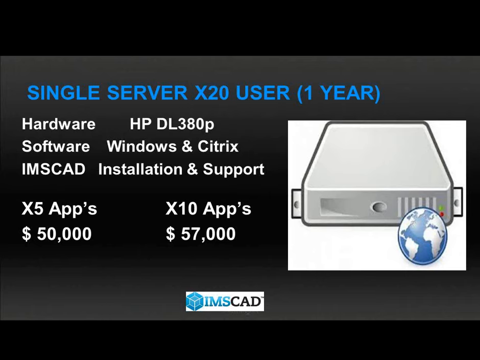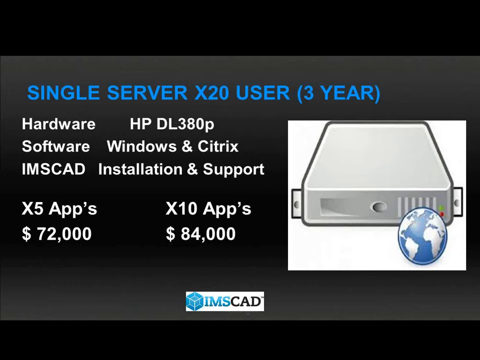Now those figures on the screen actually include all of the Windows licensing, the Citrix licensing, and indeed the cost that we would charge for installation and support of those applications for 1 year. What I am going to do is just jump that one on, and I don't know if you saw that move, it did. That is the comparable figures based on a 3-year plan.